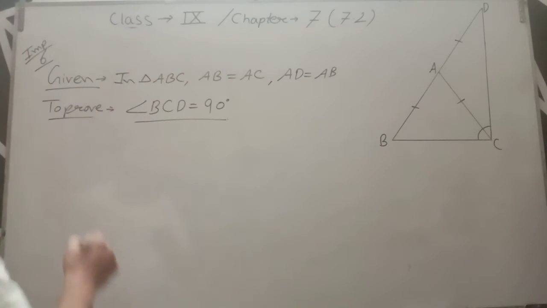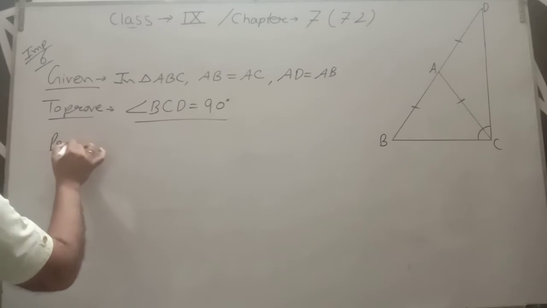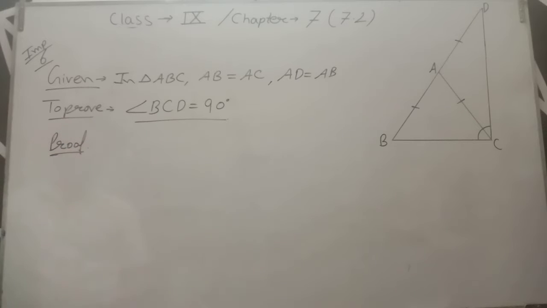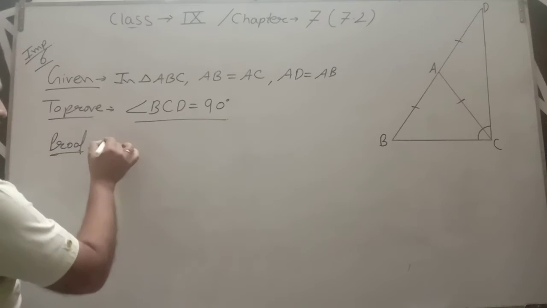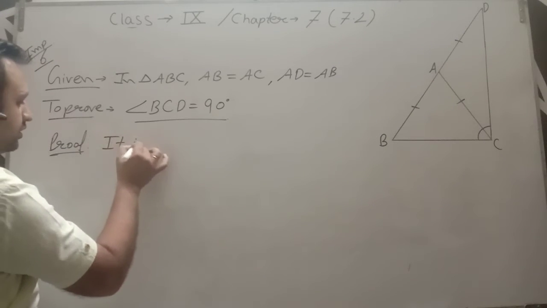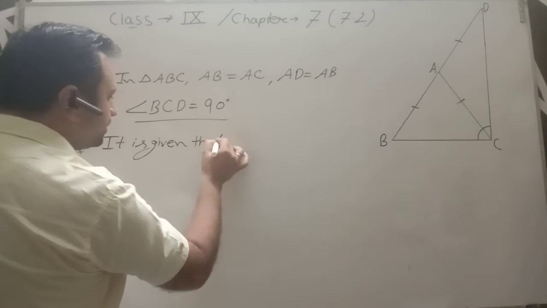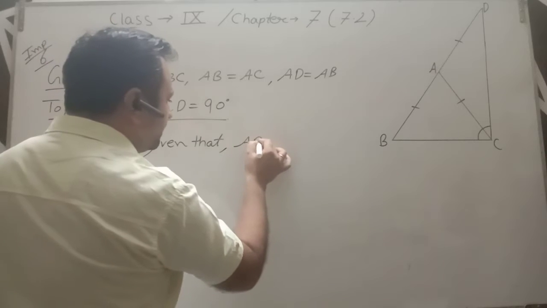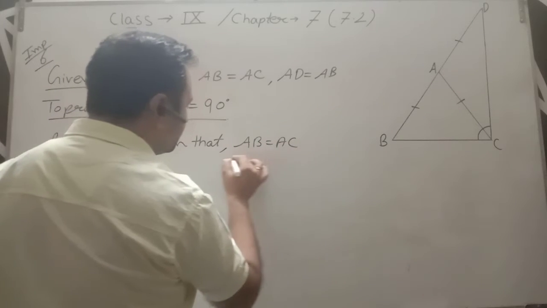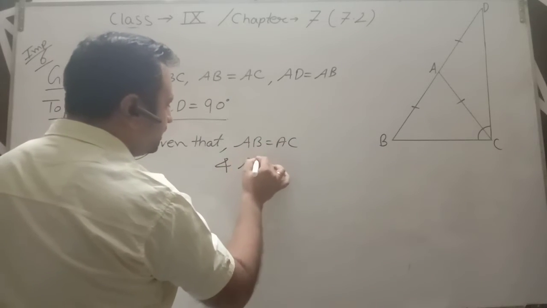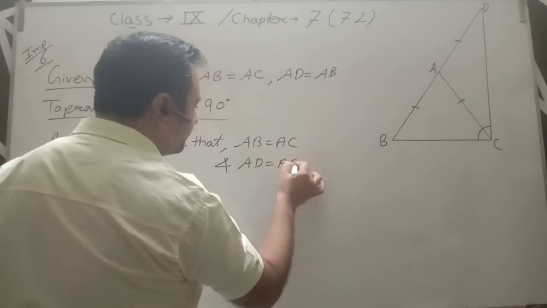Now start the proof. It is given that AB is equal to AC and AD is equal to AB.